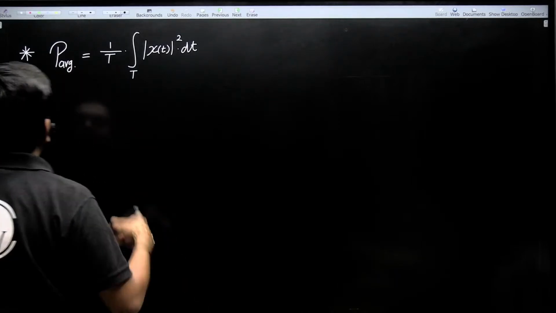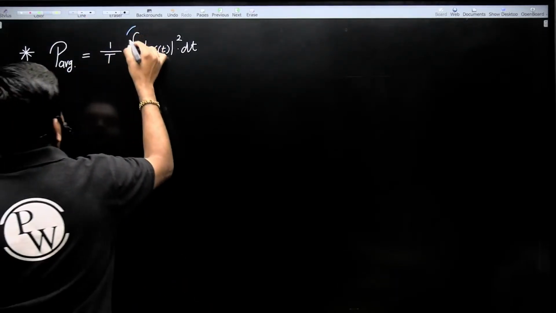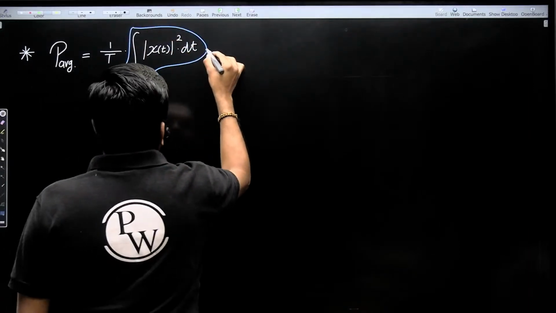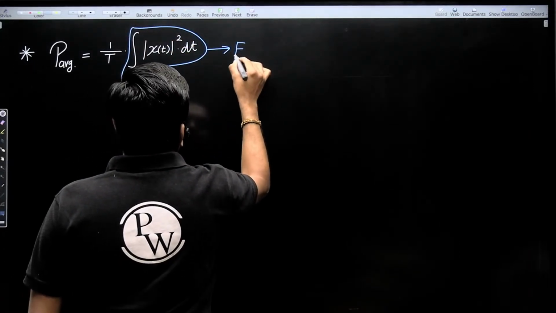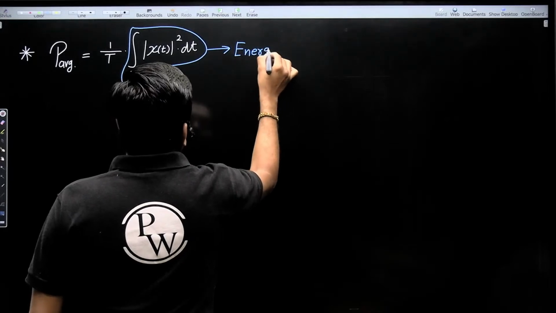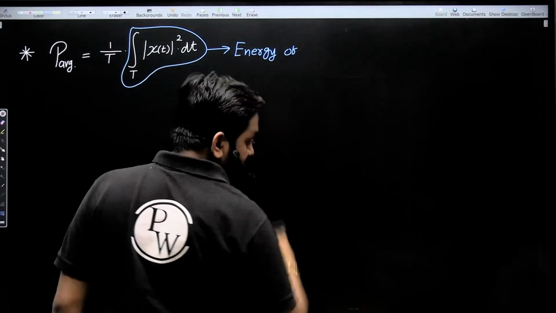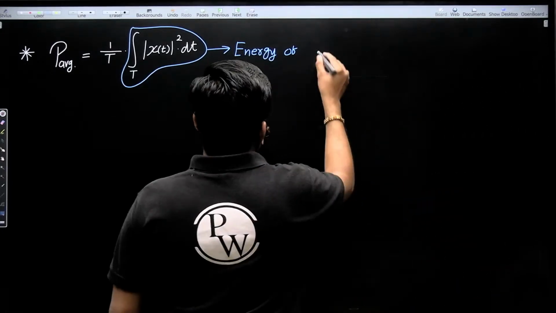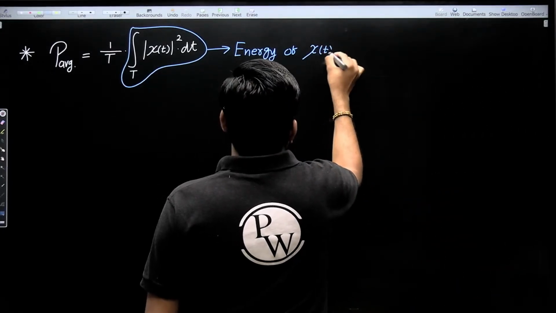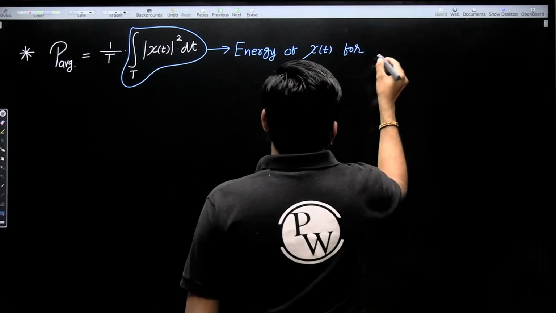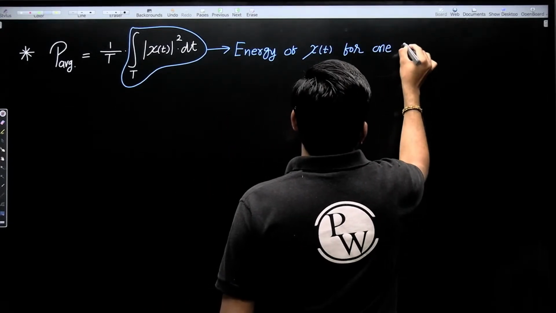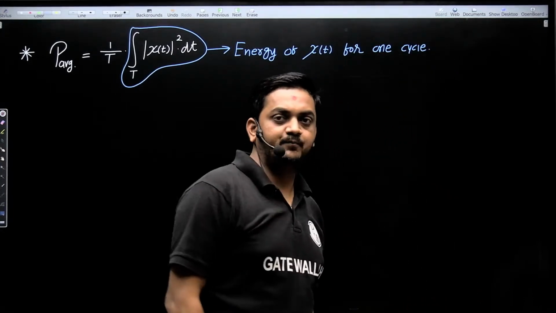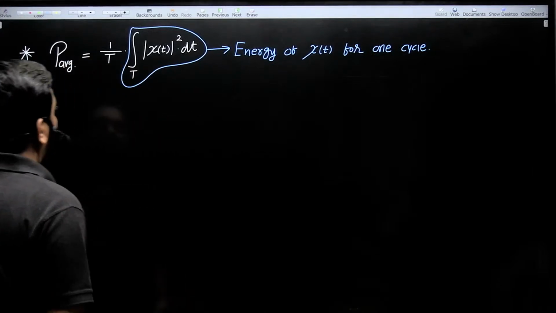This is nothing but the energy of x of t for one cycle, or over a fundamental time period. Correct?